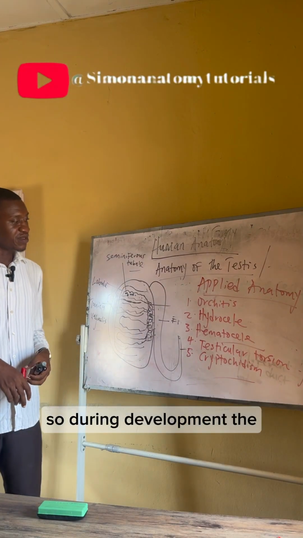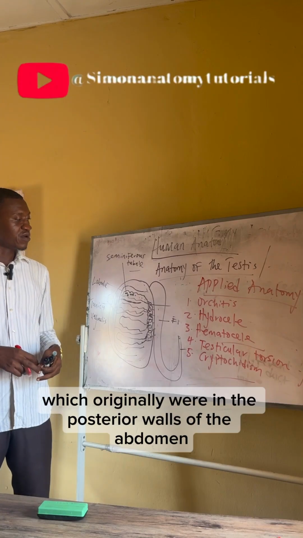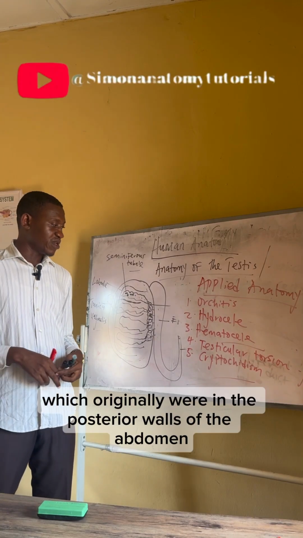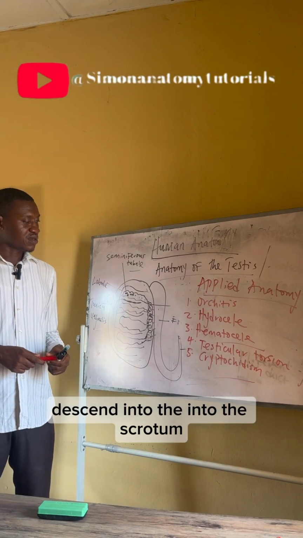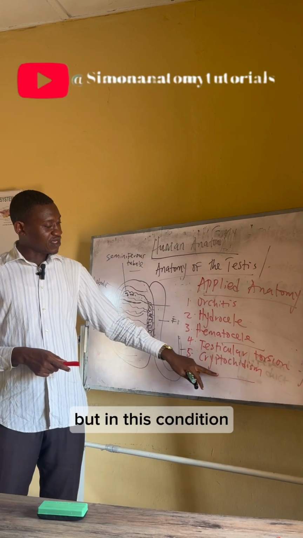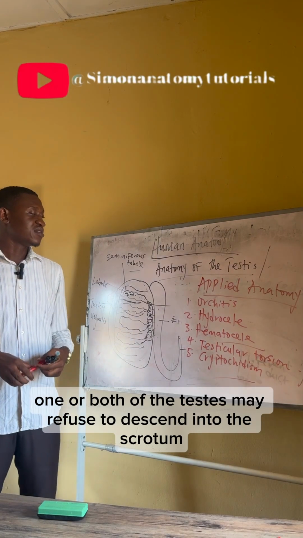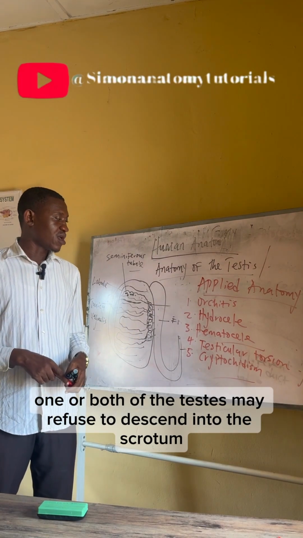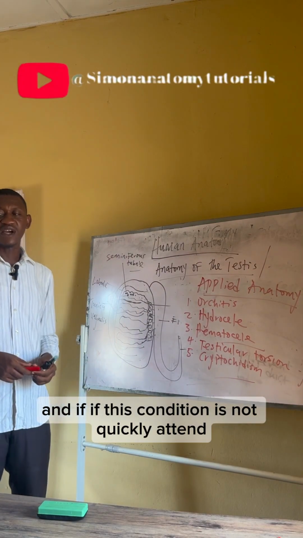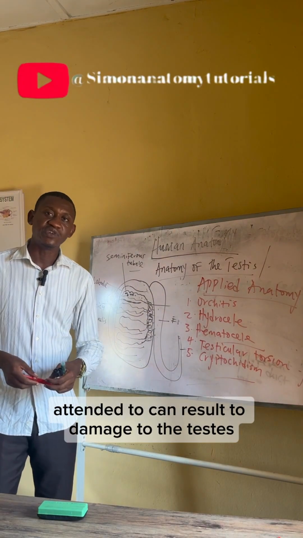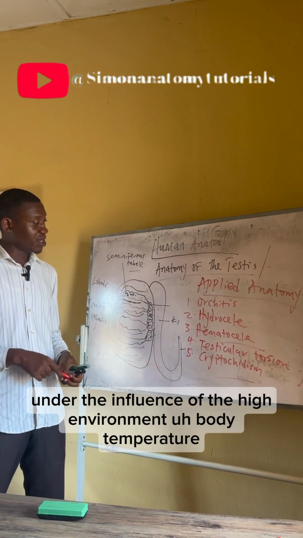So during development, the testes, which originally were in the posterior walls of the abdomen, descend into the scrotum. But in this condition, one or both of the testes may refuse to descend into the scrotum. And if this condition is not quickly attended to, it can result in damage to the testes under the influence of the high body temperature.